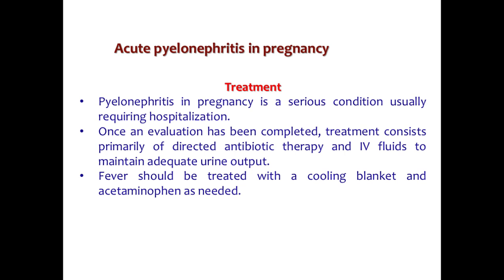We start plenty of intravenous fluid to maintain washing of the organism through adequate urine output. So washing of the organism from upward to downward is very important, and we treat the high temperature or fever with a cooling blanket, and acetaminophen is needed.